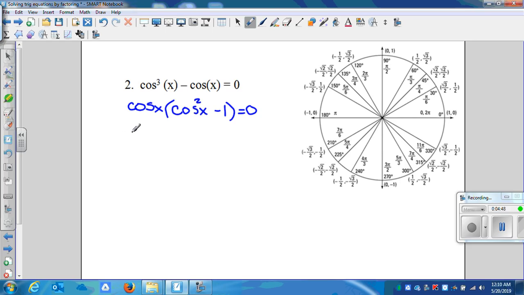So the zero product property says that the cosine of x equals 0 and the cosine squared of x minus 1 equals 0. And cosine of x equaling 0 occurs at two places, pi over 2, right here, and right here, 3 pi over 2. So those are your two values for the first portion of the function.